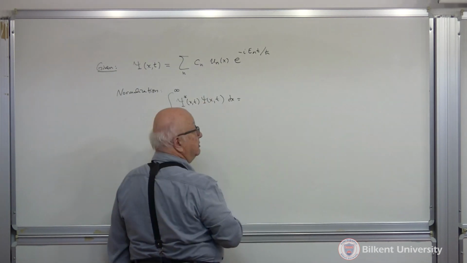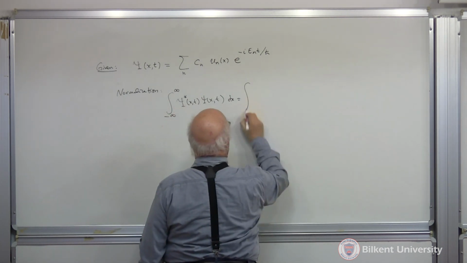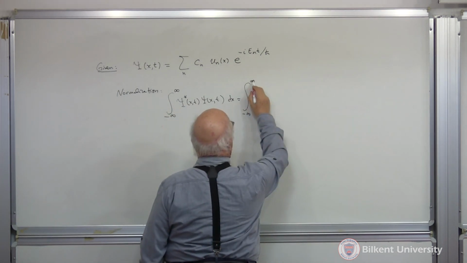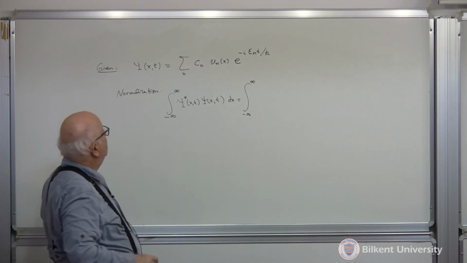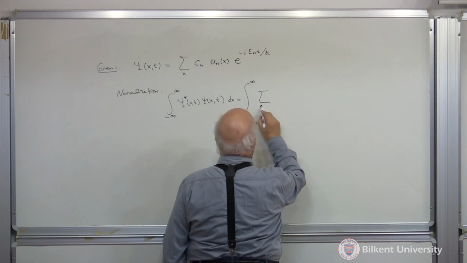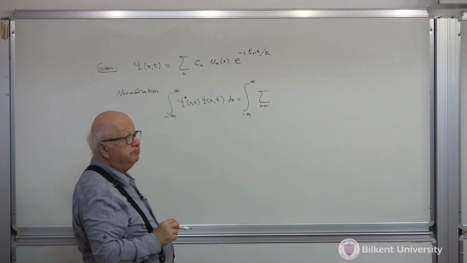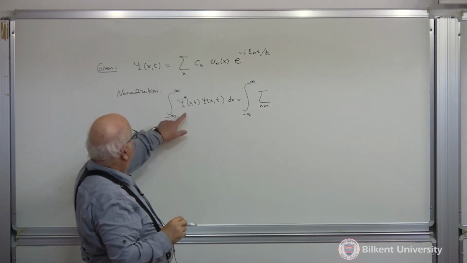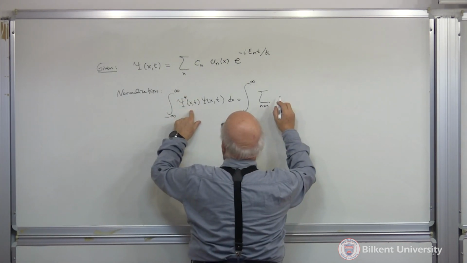I'm going to get two terms like this, two series, so I have to use different indices. Let me call them n and m.